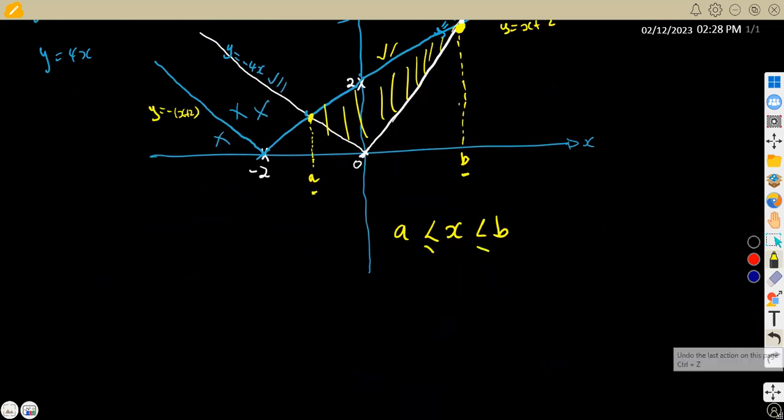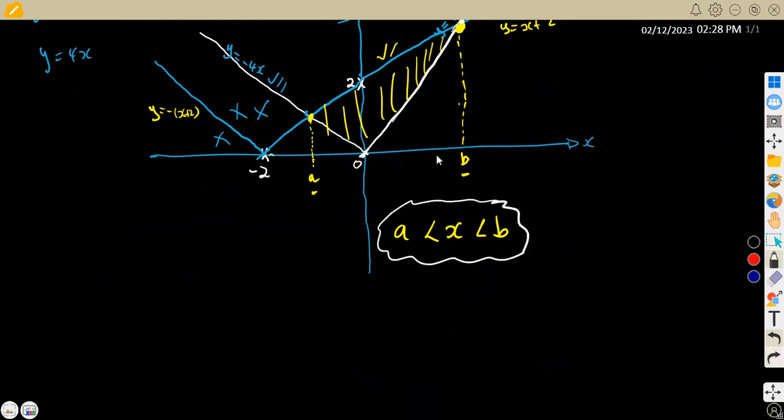But we do not have that equal to, so your answer is just going to be with less than. So this is the presentation of how your answer is supposed to be if it is in between two values.